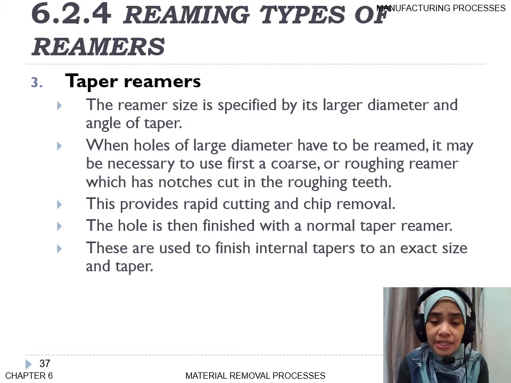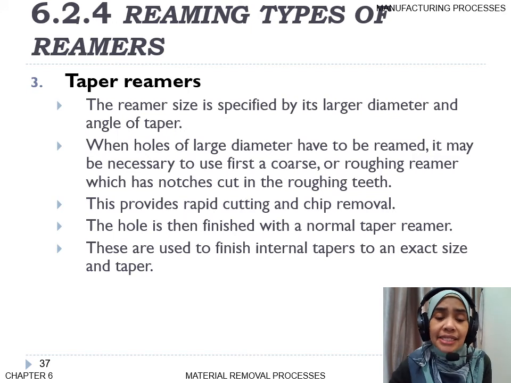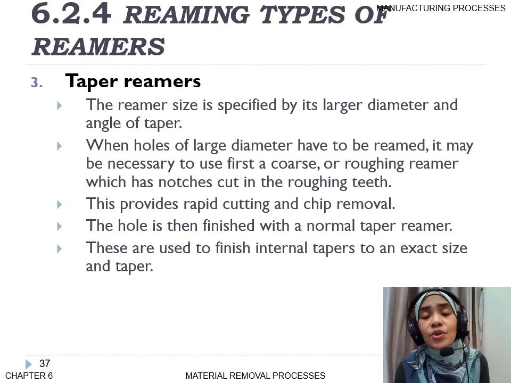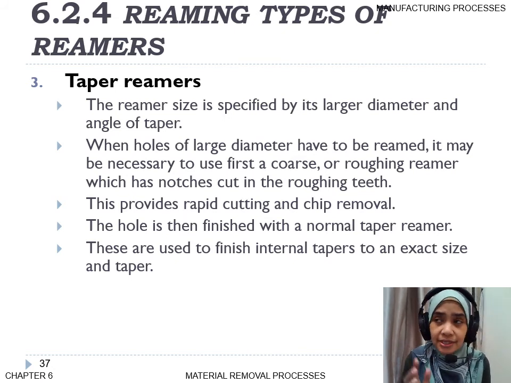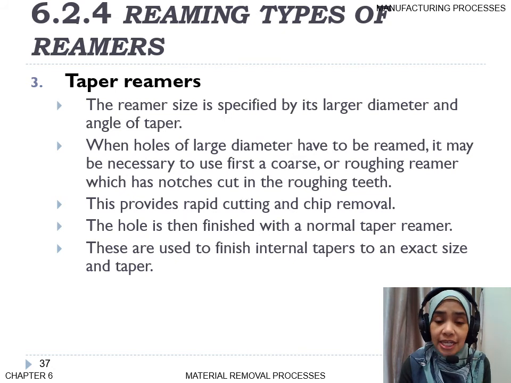When a hole of larger diameter has to be reamed, it may be necessary to first use a coarse or roughing reamer, which has nicks cut in the flutes. This means that if we want to enlarge a large hole, before using the fine one we must use the rough reamer first. This provides very rapid cutting, so the removal can be carried out quickly.